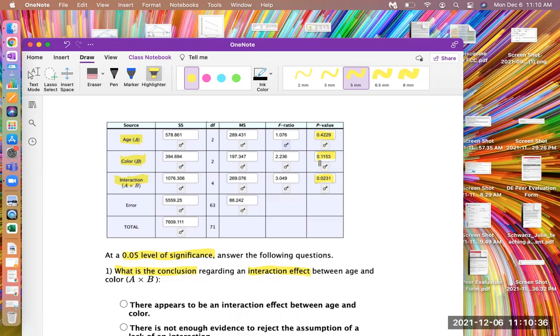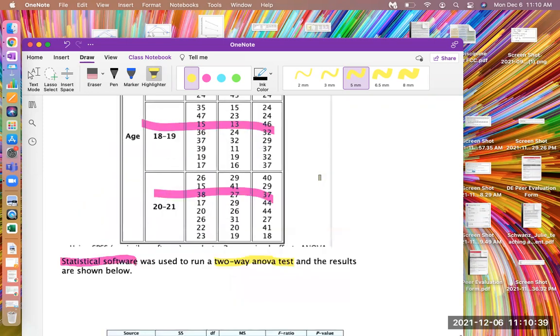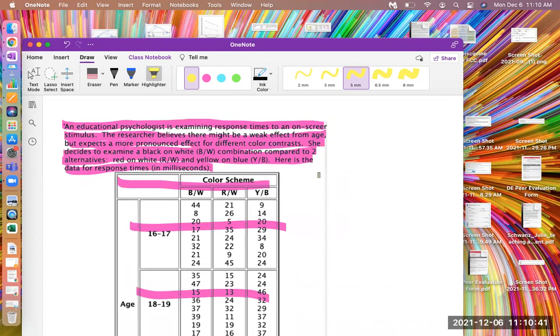Okay, so I hope that this really helps you weed out the unimportant words in word problems and focus on what's important.